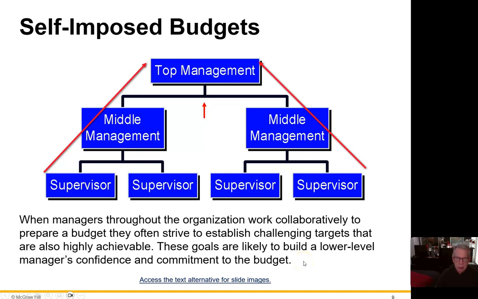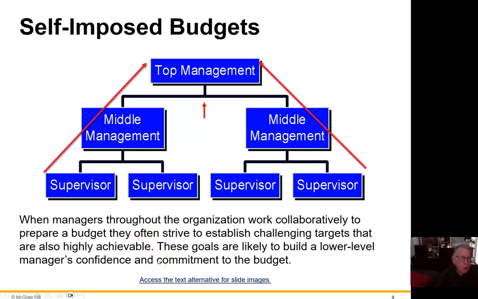Now, when managers throughout the organization are working collaboratively to prepare a budget, they often strive to establish challenging targets that are also highly achievable. That's somewhat of a wish list because sometimes these same managers might sandbag, meaning they make it a little easier than challenging.